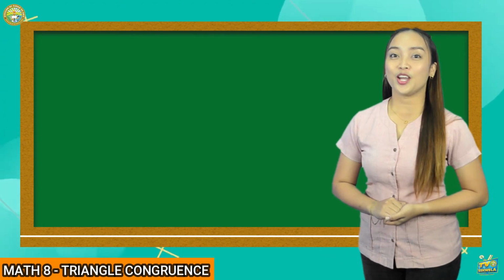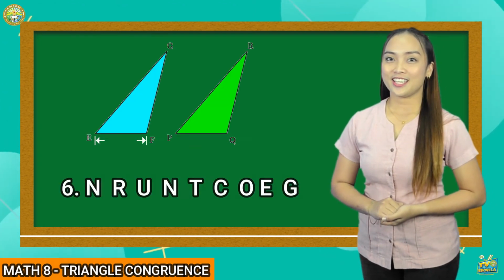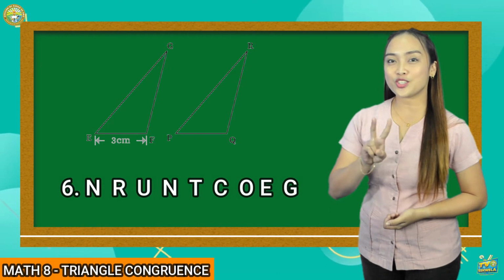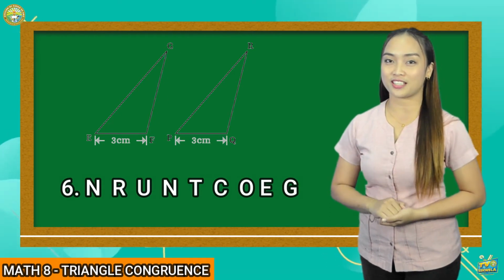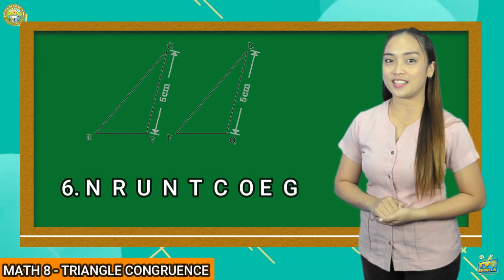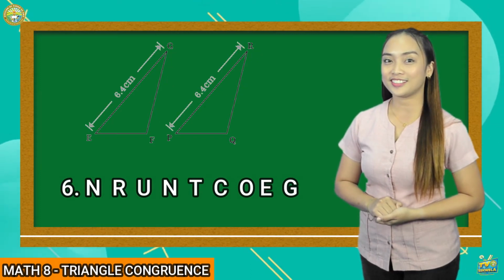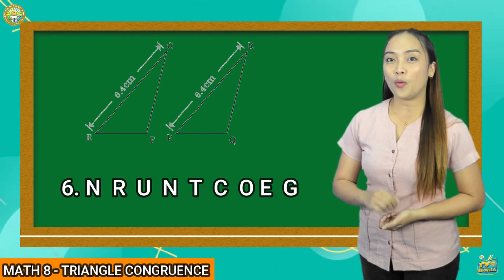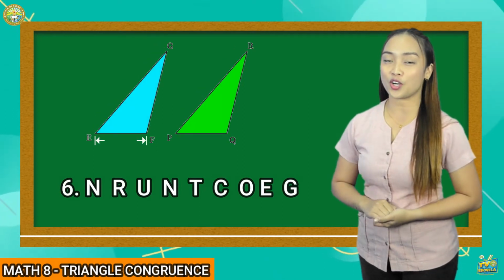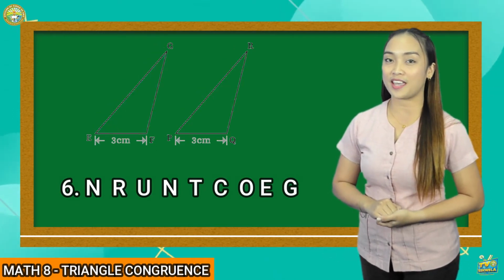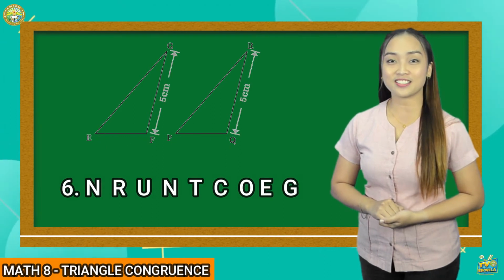Last, number 6. In geometry, when two figures or objects have the same shape and size, they are said to be what?